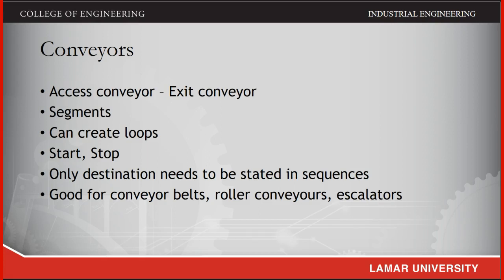We do not need to specify each one of the stations that the entity will not be exiting. And with that, we can begin to create some models in Arena.